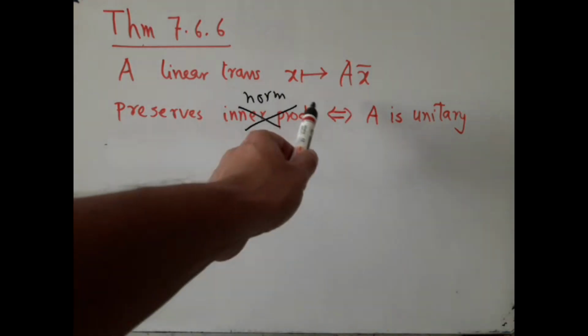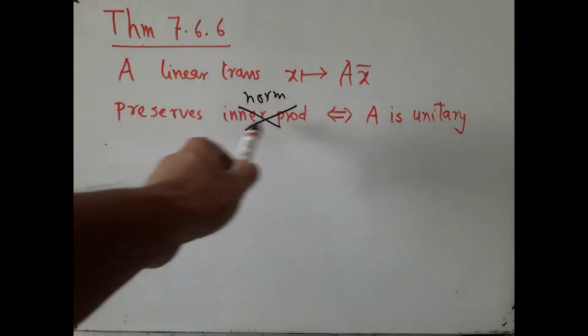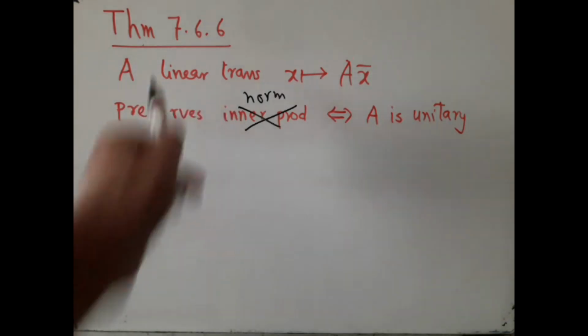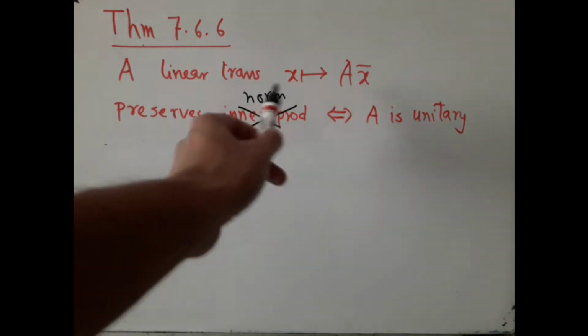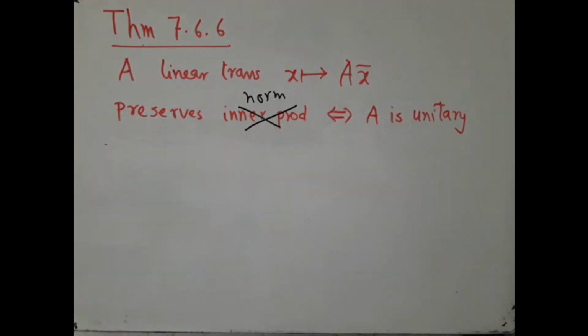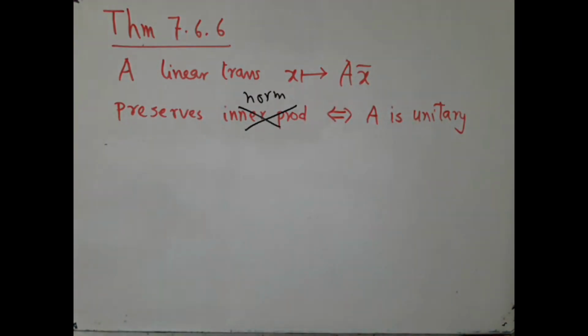However, now for this implication, the assumption becomes weaker. I have not assumed that for all x and y their inner product is the same, but only that for all x, the inner product between x and x remains unchanged by this linear transformation. Even with this weaker assumption, this conclusion remains valid. So I am not showing this implication, I am only proving that implication.